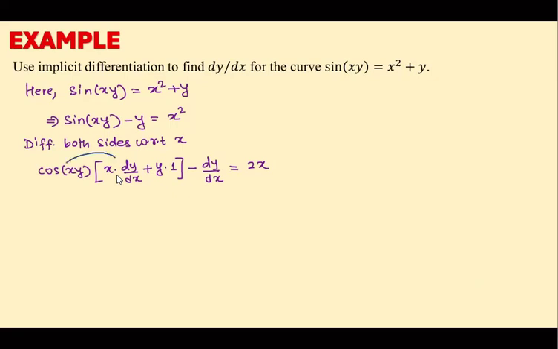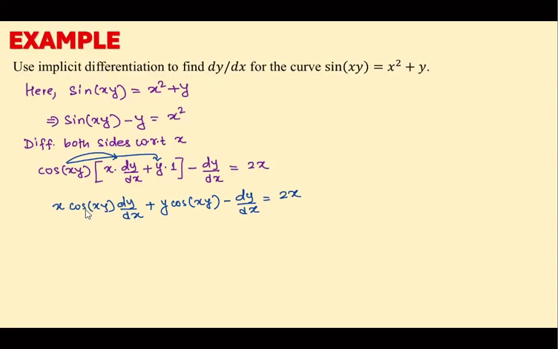Cosine xy multiplied by x times dy over dx gives x times cosine xy times dy over dx. Then we have a plus, and when we distribute there, y multiplied with that is y times cosine xy. Then we have minus dy over dx equal to, on the right-hand side, 2x.